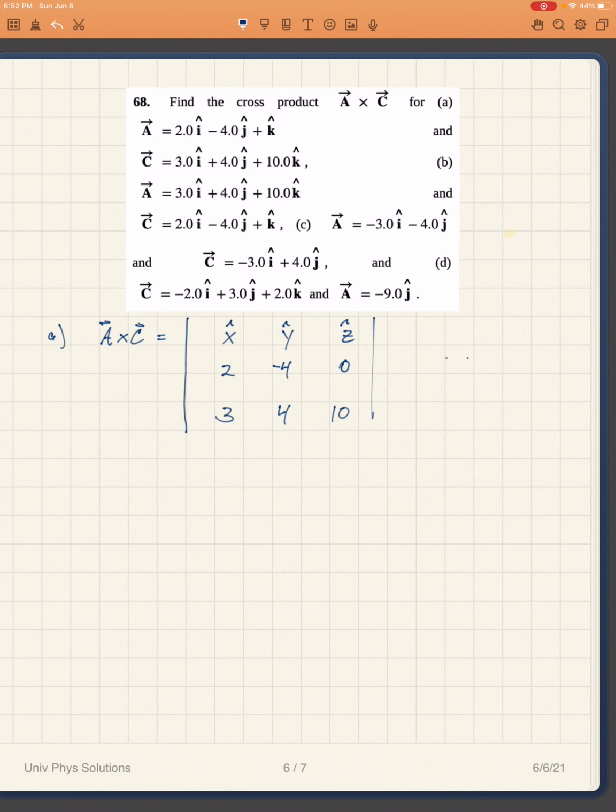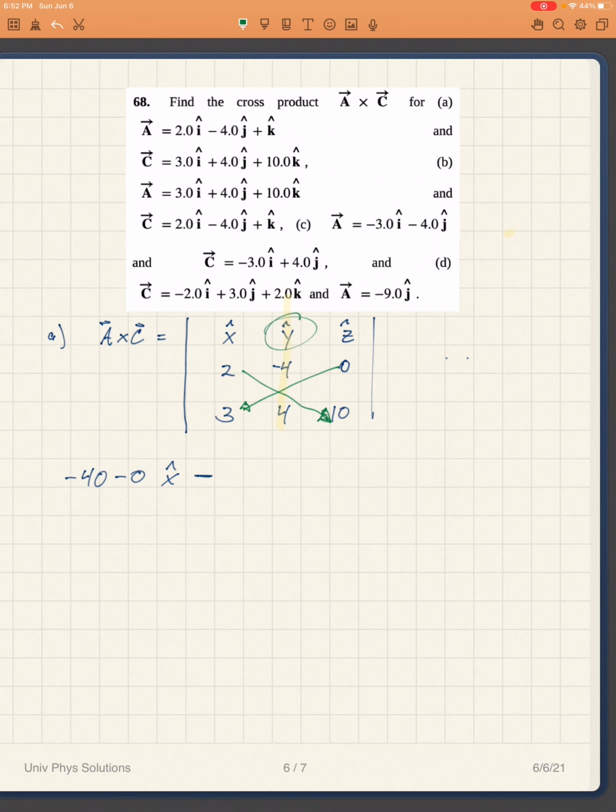So I'm going to have -4 times 10 is -40. 0 times 4 is 0. And that's my x component. Now, the next one I'm going to subtract. And I'm going to ignore this column, and I am going to use the product of these two numbers minus the product of these two numbers.